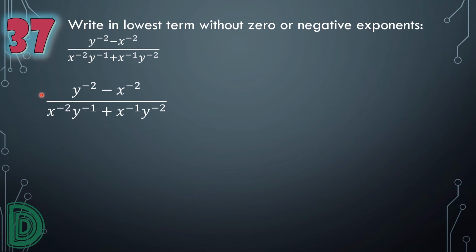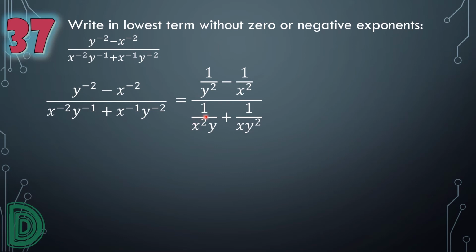Let us copy the expression. Then y raised to negative 2 is 1 over y squared. Same as x raised to negative 2, that will be 1 over x squared. In the denominator, we have 1 over x squared y plus 1 over xy squared.